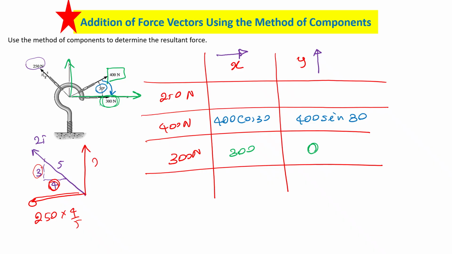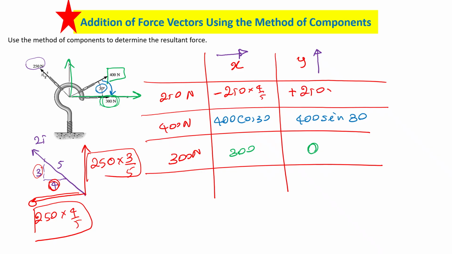So that's 250 times 3 over 5. Am I right? So this one, x is negative, right? 250 times 4 over 5, and this one is positive, 250 times 3 over 5. Any question up to here?